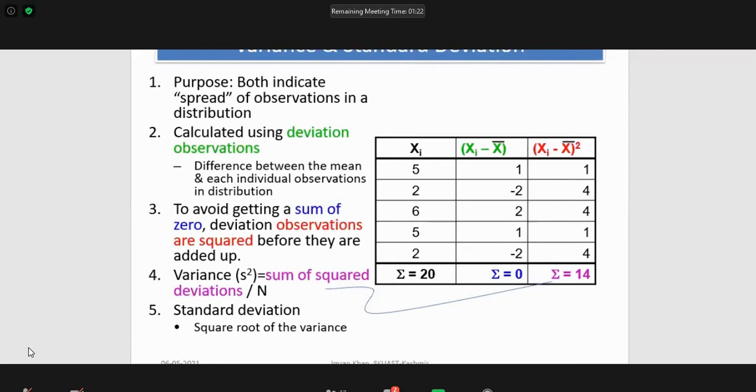So you get this second column. Then you have a third column, 1, 4, 4, 1, 4. This third column is you square the second column, xi minus x bar. You square 1, it's 1. You square minus 2, it becomes 4.